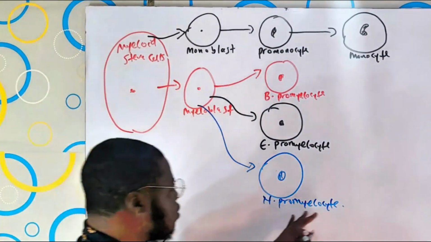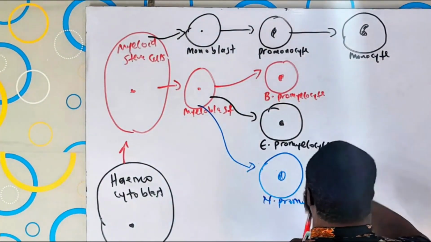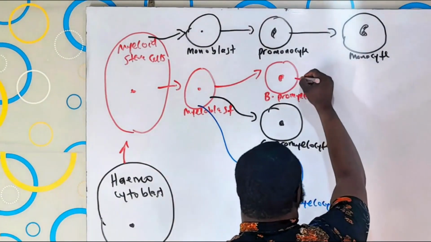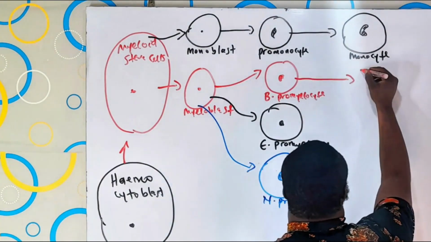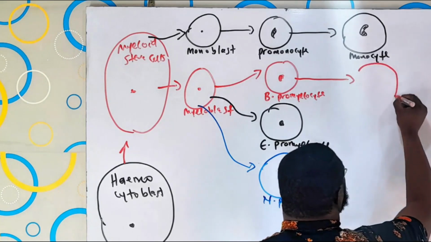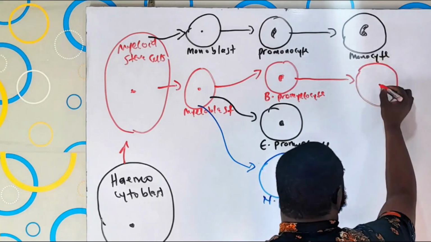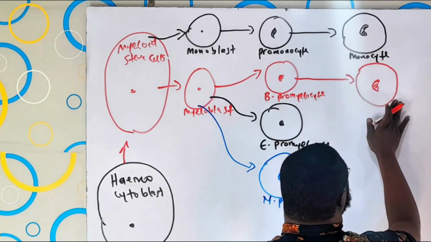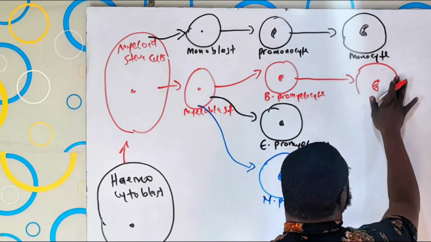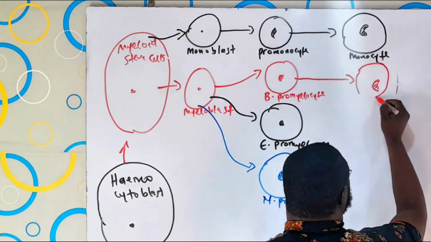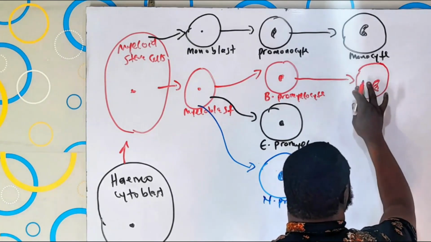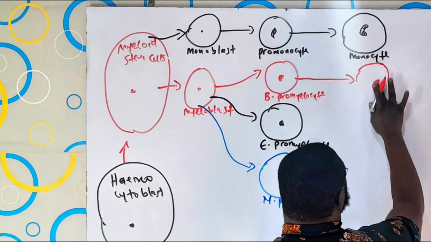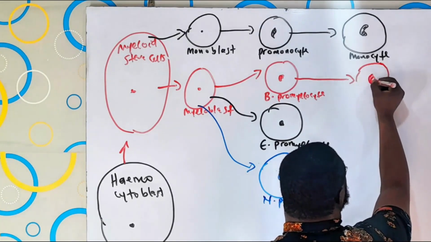From the promyelocyte level, they're going to become what? This guy now will become the basophilic myelocyte. I don't want this to be too big, so apologies, guys.